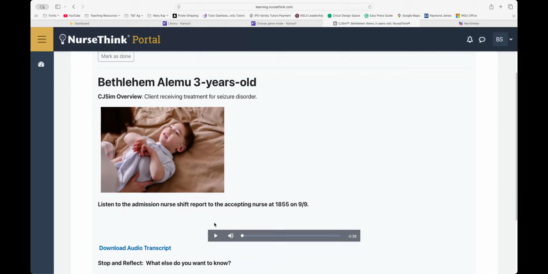He is visiting a clinic for treatment of seizure disorders. Bethlehem is coming as a direct admit from the neurologist's office. Bethlehem has cerebral palsy and a seizure disorder. He was recently adopted 2 months ago, and the family needs lots of teaching. He has a percutaneous gastrostomy tube for feedings and medications.